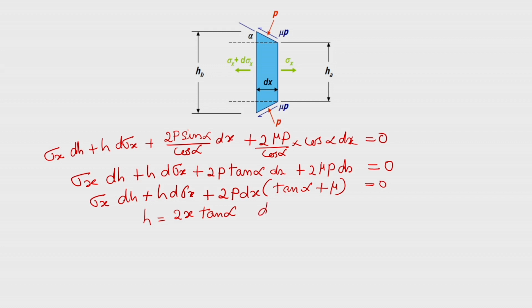So, that means dh is equal to 2 tan alpha dx, that implies that 2 dx is equal to dh by tan alpha.